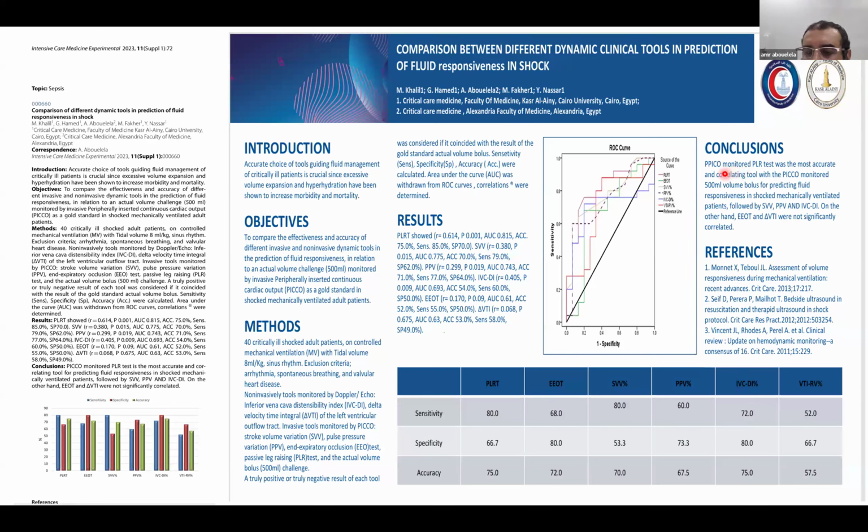The result was that the best was the passive leg raising test, followed by the stroke volume variation, pulse pressure variation, and to a lesser extent the IVC. The least accurate were the end expiratory occlusion test and the variability of VTI, which were not significantly correlated. And this is the sensitivity and specificity of each item and the accuracy.